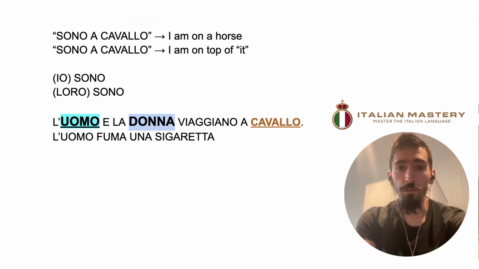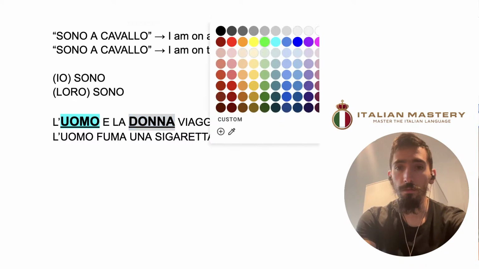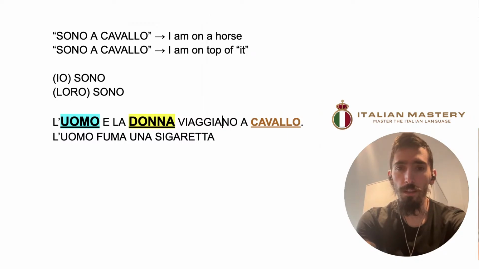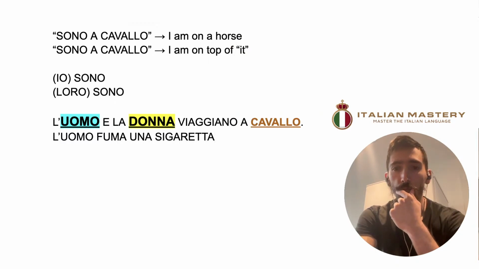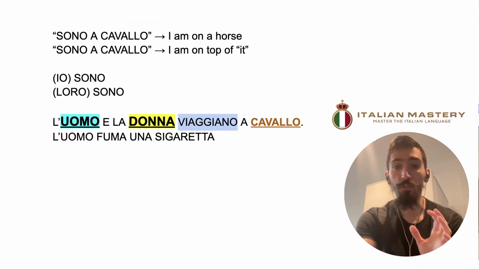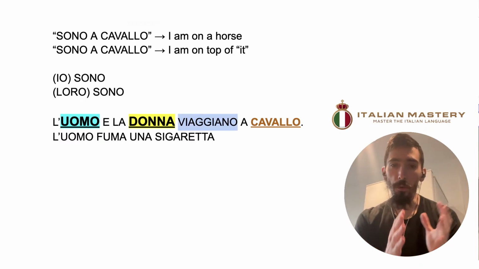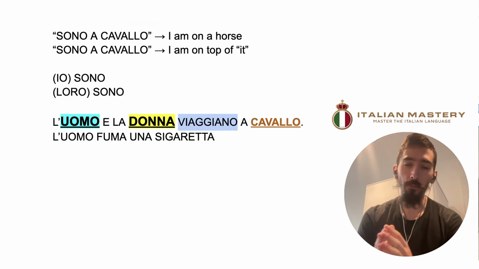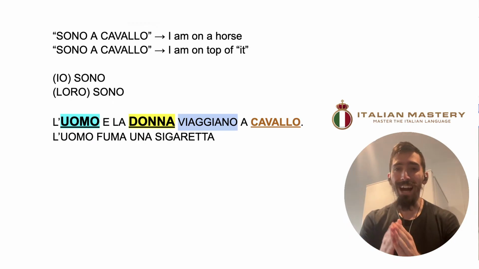So we are going to find suitable. This is more difficult. Let's try to do this. Viaggiano a cavallo. So this is interesting. So l'uomo, so the man, e la donna, and the woman, viaggiano.